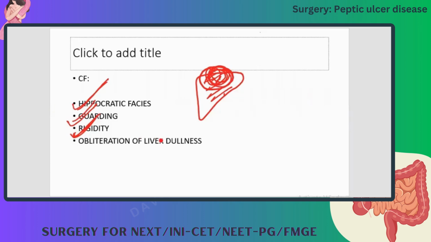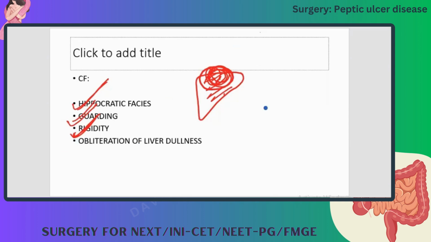If you percuss once there is gas under the diaphragm, how will the note be? Normally, if a solid organ is there, it will be dull. If there is gas, it will be resonant. You understand the point?